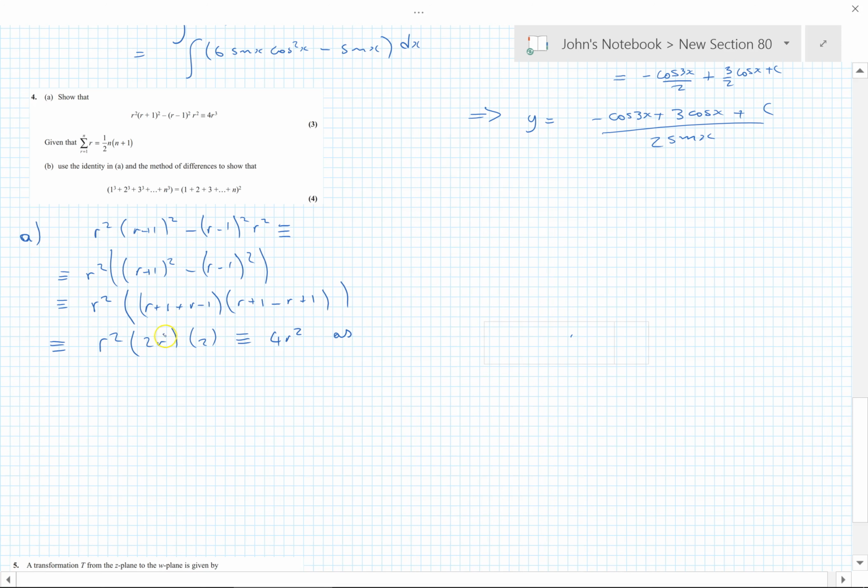We've got an R squared, so let's play with this. 4R cubed as required.